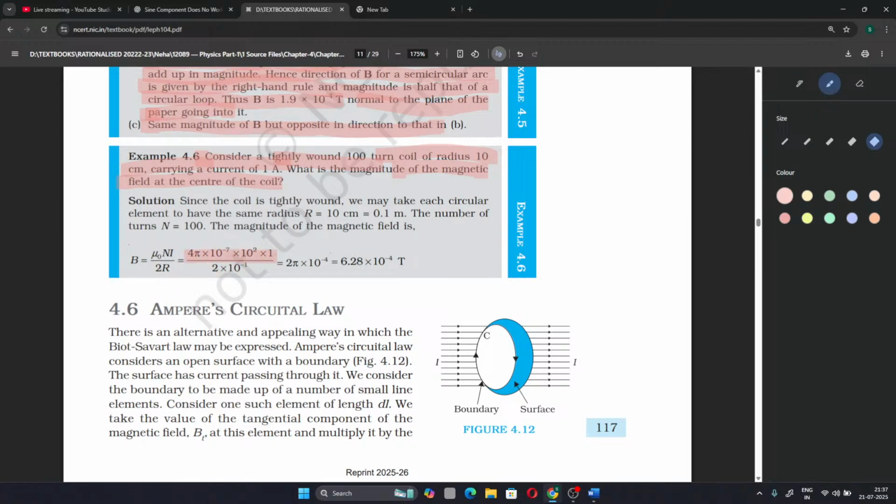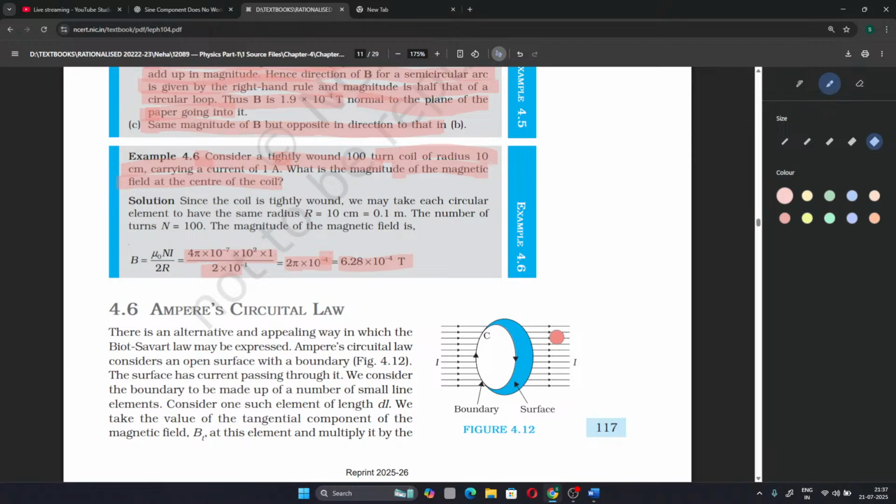If we put in the values, we get around 2 pi into 10 power minus 4, which, if we substitute 3.14 as the value, gives 6.28 into 10 power minus 4 Tesla. This is the total magnetic field due to the 100-turn coil of radius 10 centimeter carrying a current of 1 ampere.